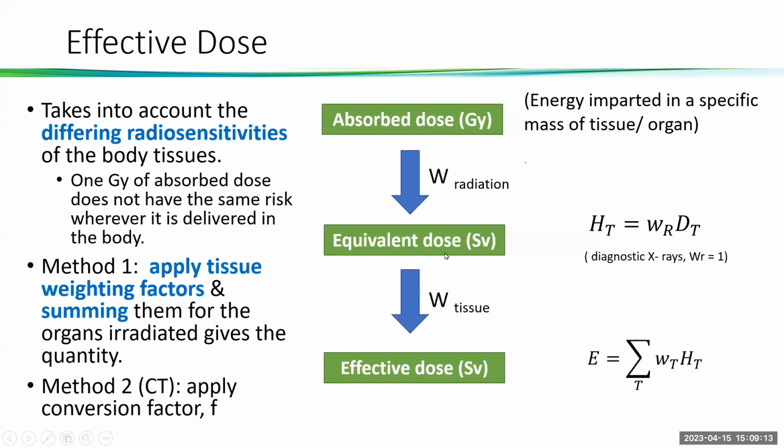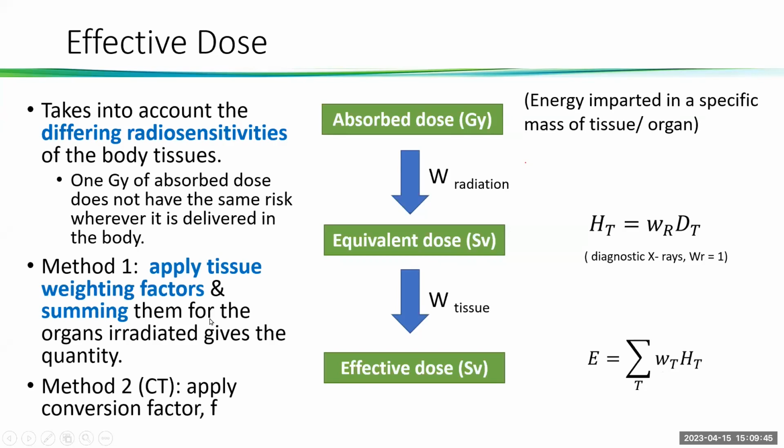Effective dose follows this, where we consider the different radiosensitivity of the tissues involved, which means that one gray of absorbed dose does not necessarily have the same risk wherever it is delivered in the body. So what we do is take the equivalent dose multiplied by the tissue weighting factor and sum it all up for all the different tissues.